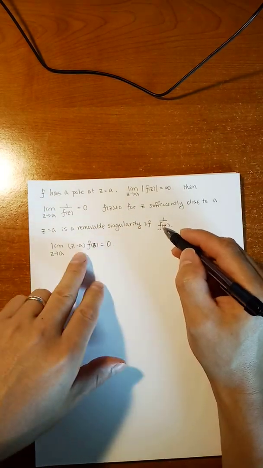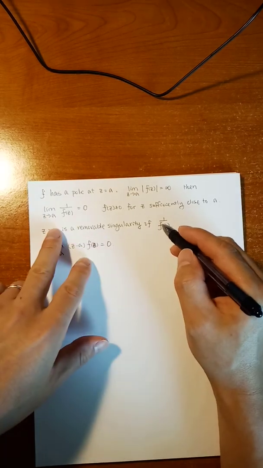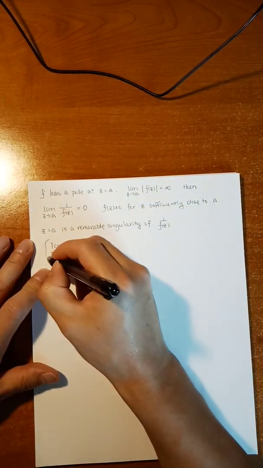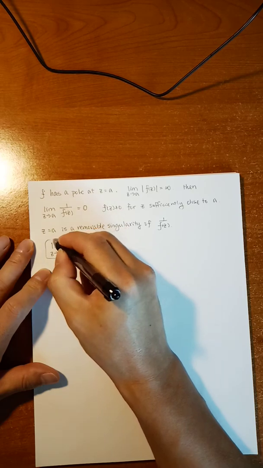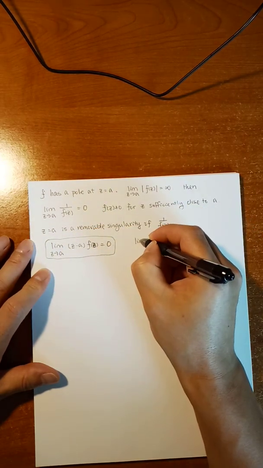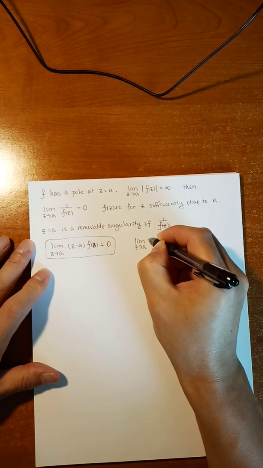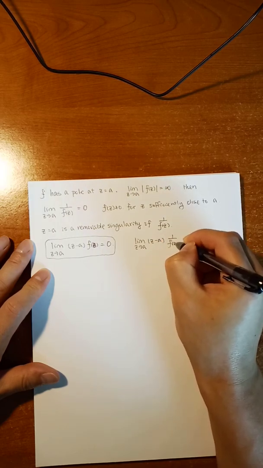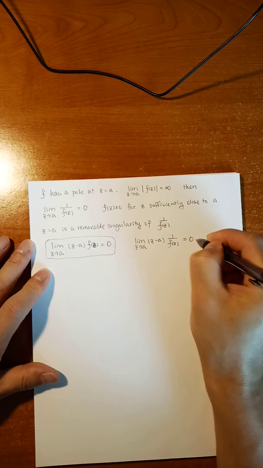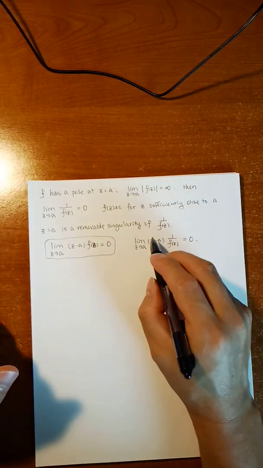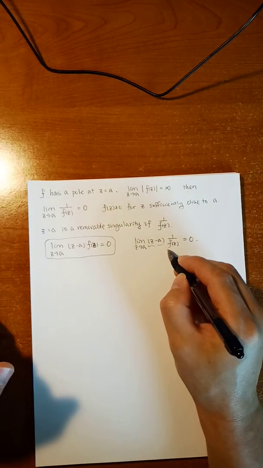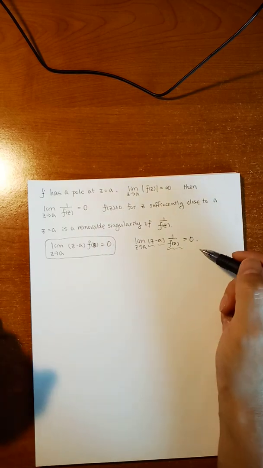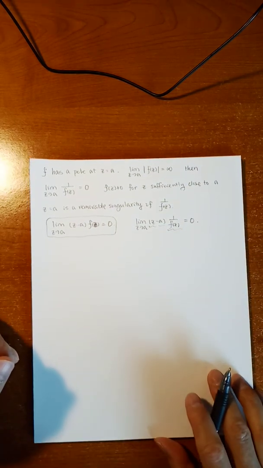And here, even without multiplying by z minus a, this limit is 0. So this is an equivalent characterization. Here, we of course have z minus a times 1 over f of z. This product has limit 0 at a.